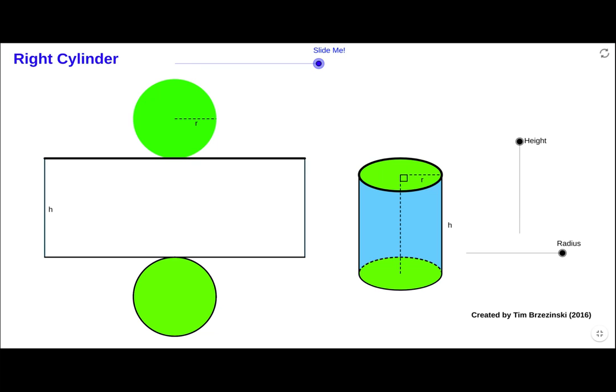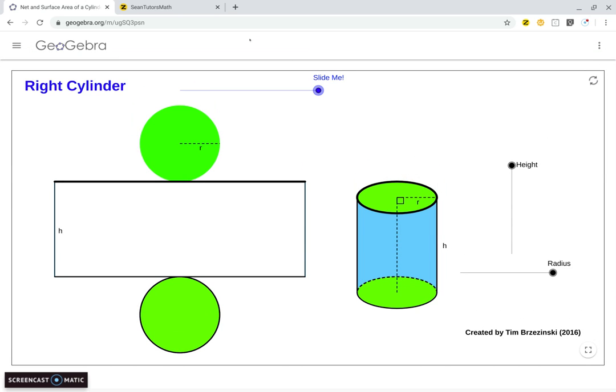So the length of the rectangle is equal to the circumference of those circles. So that's the idea behind finding the surface area of the three-dimensional shape of a cylinder. Let's apply it. Let's do an example.